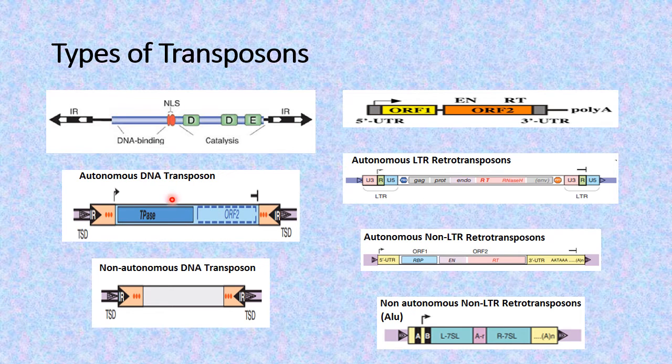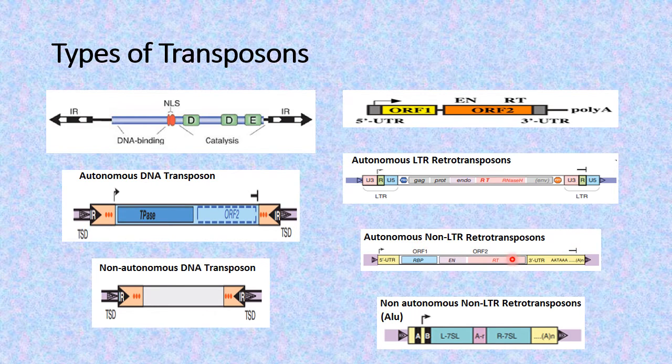Now, these transposons may transpose directly as DNA, that is the class 2 transposons or the DNA transposons, or they may be the class 1 transposons, which are the retrotransposons, which involve reverse transcription.